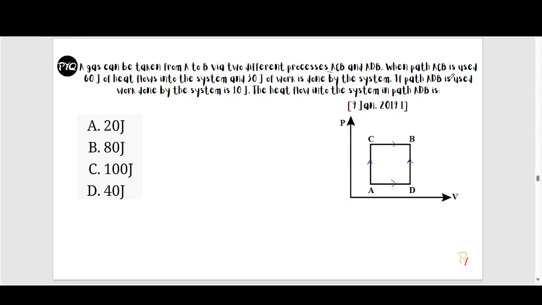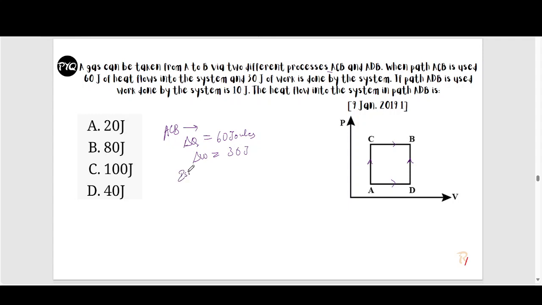When path ACB is used, the heat taken by the system is 60 joules and 30 joules of work is done. Del W gives me 30 joules.